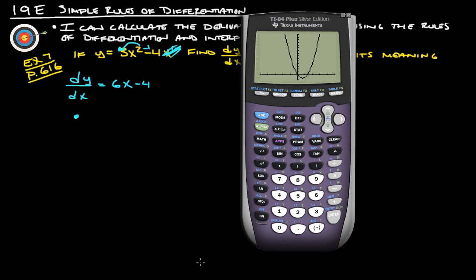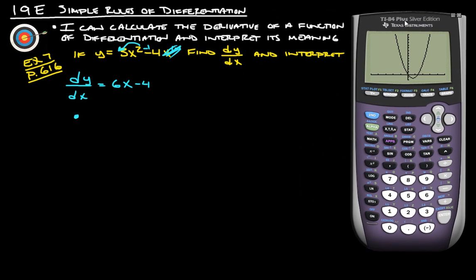Here's the function 3x squared minus 4x. If we wanted to know what the slope is here at, say, 2, instead of having to draw the tangent line and calculate it, all we have to do is plug in 2 for x in this function. So 6 times 2 is 12. 12 minus 4 is 8. So the slope of this line right here at x equals 2 is going to be 8. So that's one thing we can figure out from that.